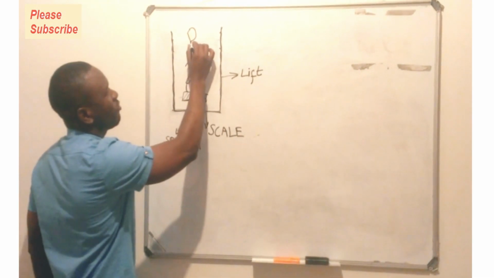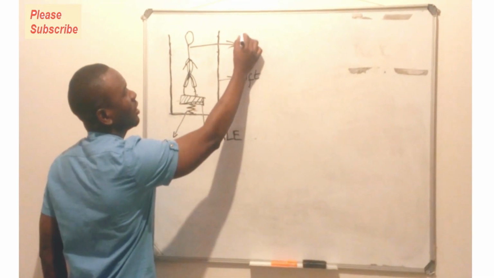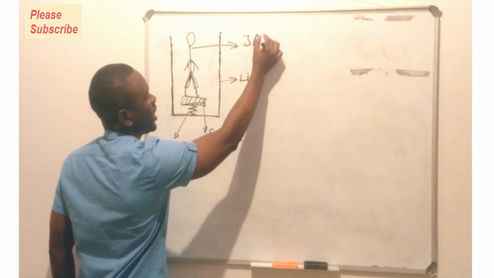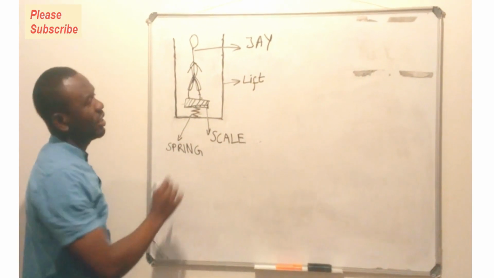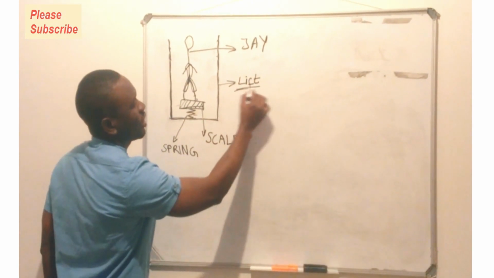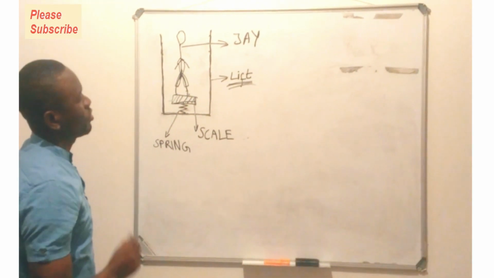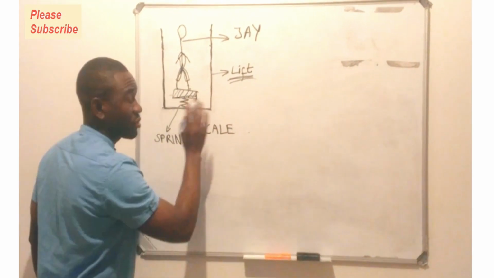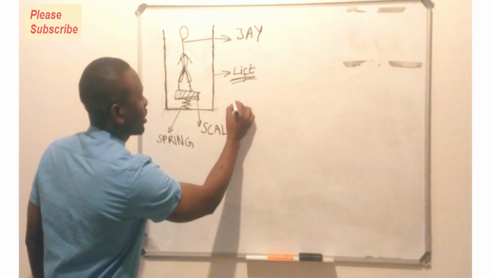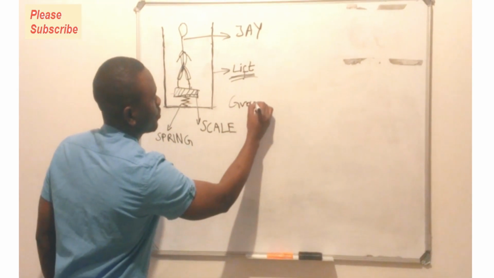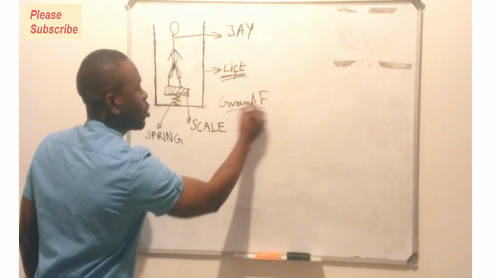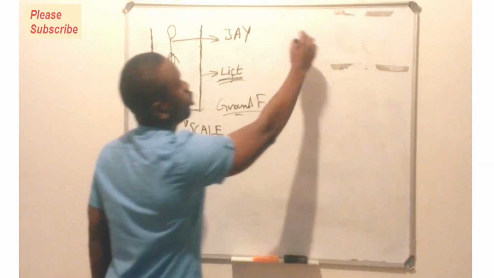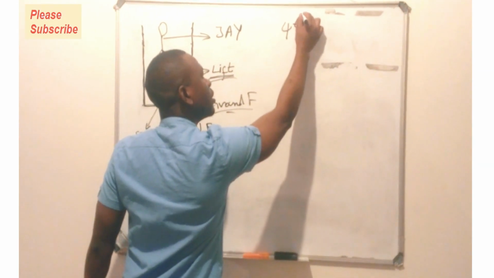So I want to talk about the basics of physics, about action and reaction. Today we have our friend here named J. J is a lift user, right? Now he found himself on the ground floor. This is the ground floor, and he wants to go to the fourth floor.